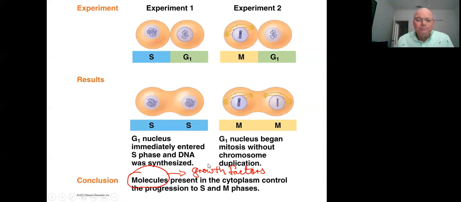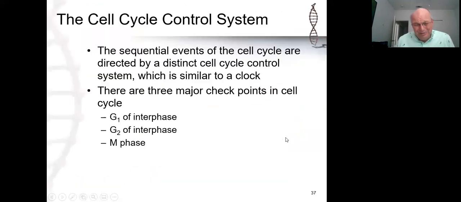Now we know about the control of the cell cycle because we made a commitment back in the early 1970s to figure out how to defeat cancer. And of course, what you may hopefully already know about cancer cells is that these are cells that are growing and dividing in an unchecked fashion. In other words, they're defying whatever it is that regulates the growth and division of cells.